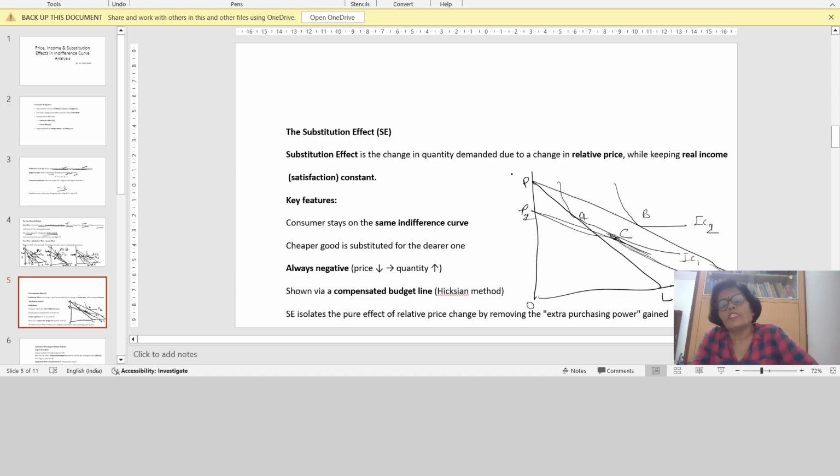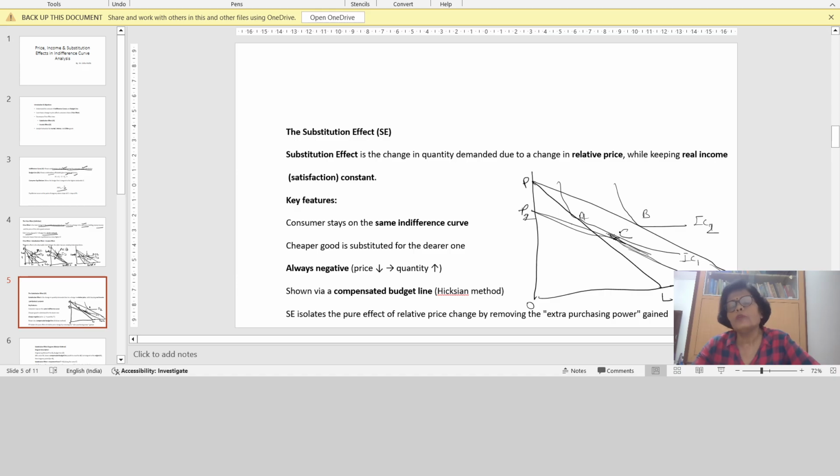The movement from A to B point is known as PCC, price consumption curve. Due to the change in price, this movement is there. But what we do is compensate the change in income due to the change in price, so that the consumer remains on the same indifference curve. So we can draw one price line again parallel to this price line, and on this price line you can see the consumer will not remain on the same A point.